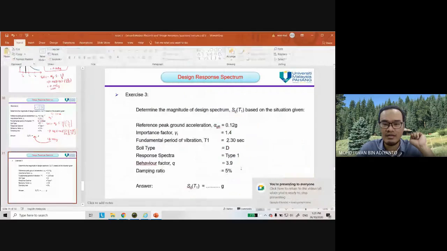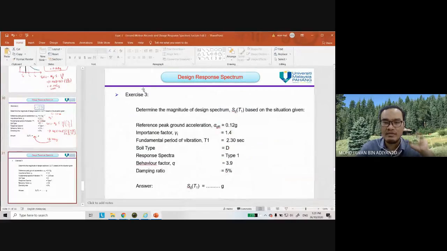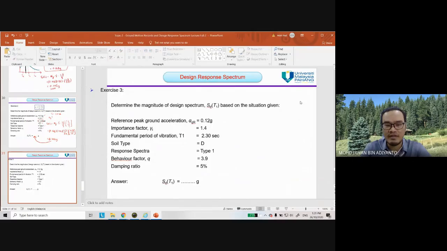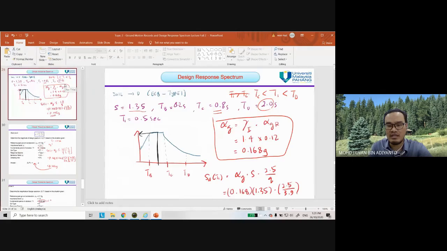Okay, how about question number 3? Because our fundamental period of vibration is 2.3 second, which is greater than 2.0 second here. This is our TD, 2.0 second.